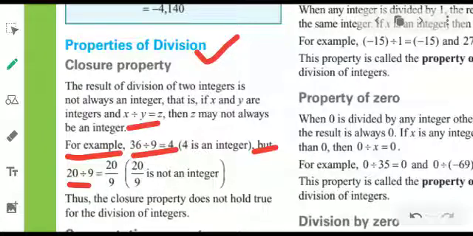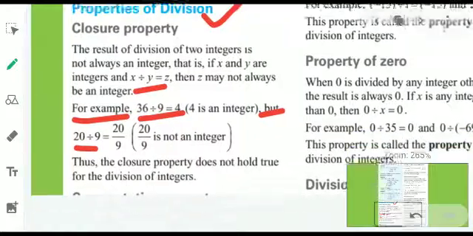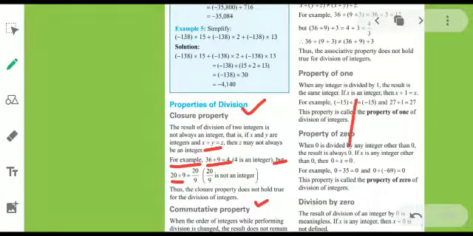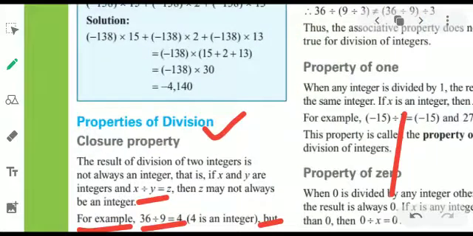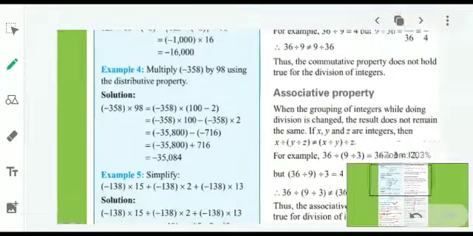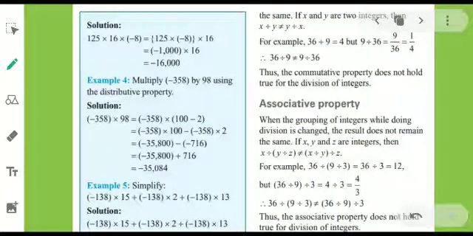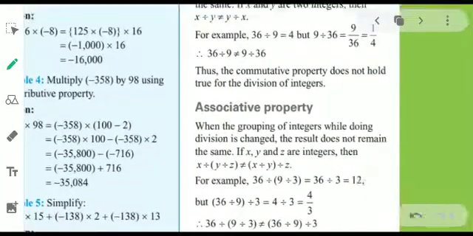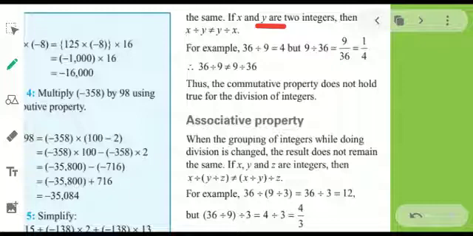Move to the next property, which is the commutative property. When the order of integers while performing division is changed, the result does not remain the same. If x and y are two integers, then x divided by y is not equal to y divided by x.